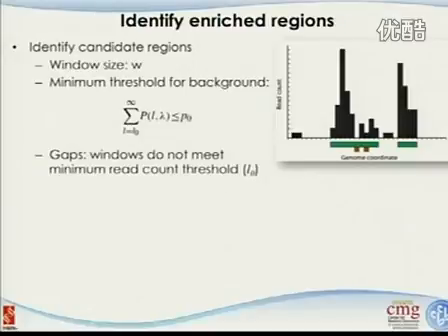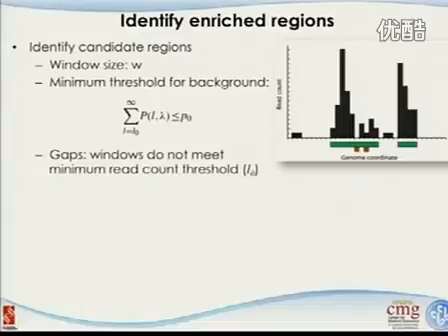Okay? And for each individual bin, they have a minimum threshold as a background. So for this part, you don't really need a control sample. They just calculate what's the minimum number of reads in each individual bin to qualify as an enriched region. And here is how they decide this minimum threshold.